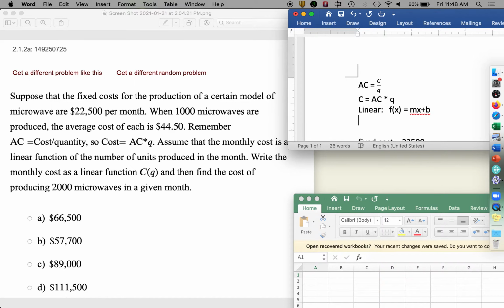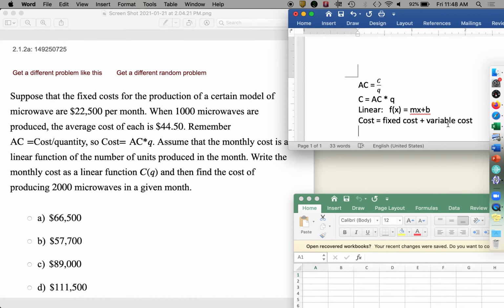So in the case of cost, I know that cost is equal to the fixed cost plus the variable cost. And for us, that means the variable cost is based on the quantity. Fixed cost is something you have to just pay all the time, no matter what.